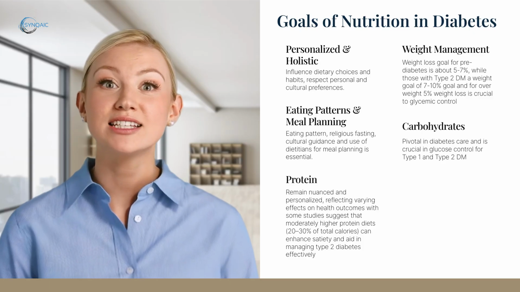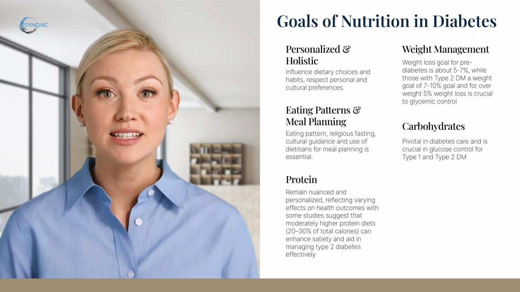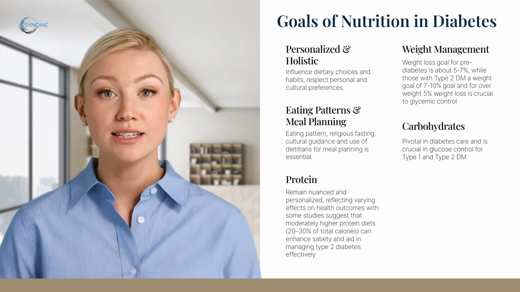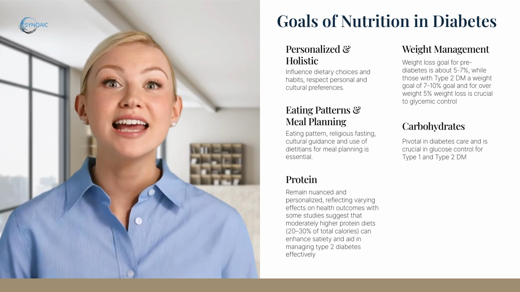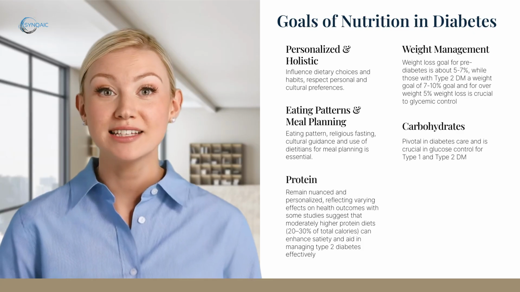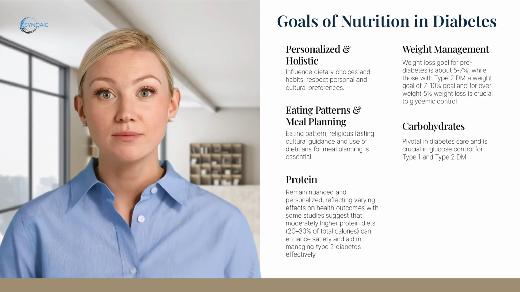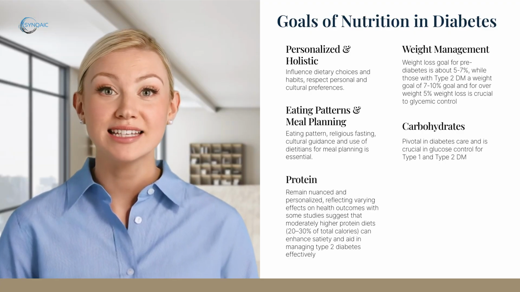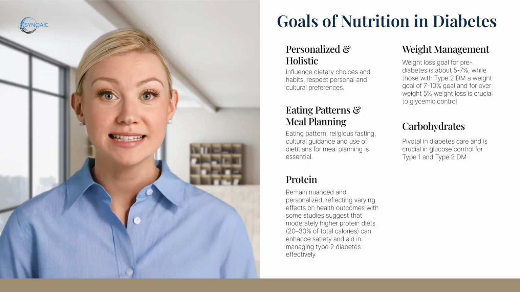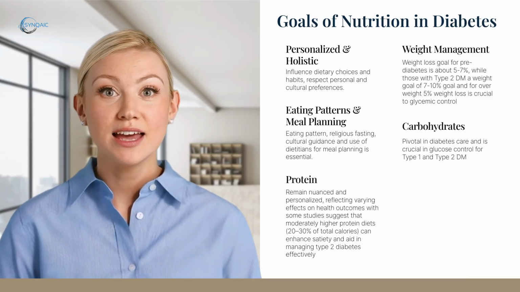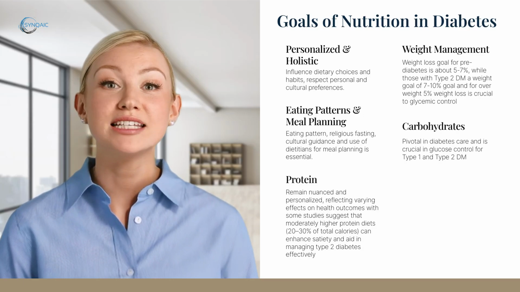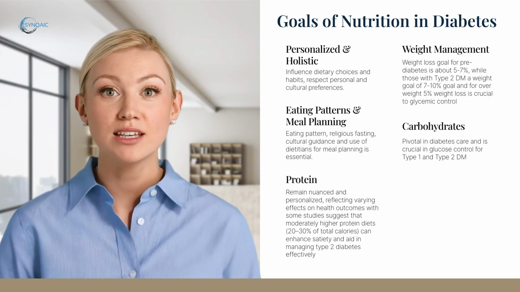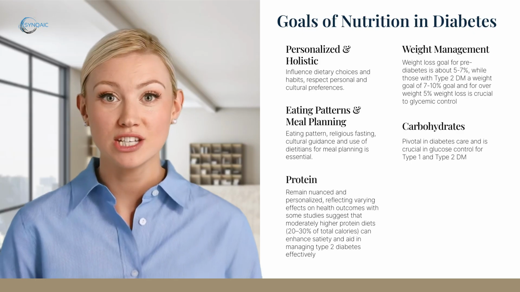Some studies suggest that moderately higher protein diets, 20–30% of total calories, can enhance satiety and aid in managing type 2 diabetes effectively. Importantly, recent evidence indicates that strict protein restriction is unnecessary for individuals with diabetic kidney disease, DKD, as it does not significantly alter glycemic or cardiovascular parameters and may increase the risk of malnutrition.